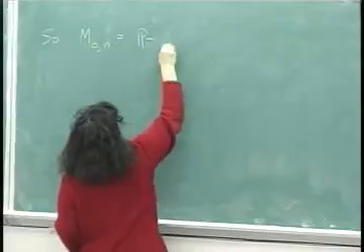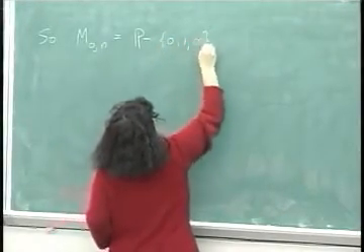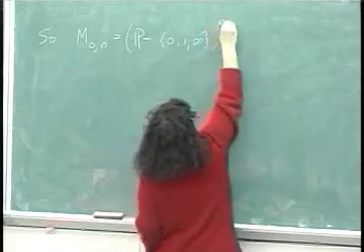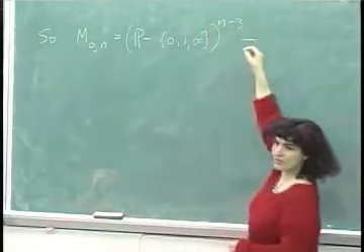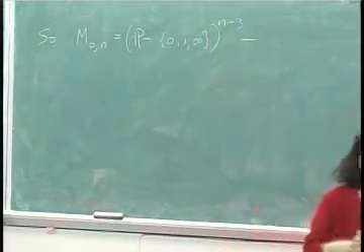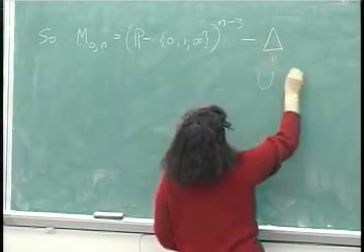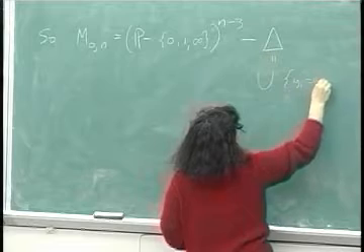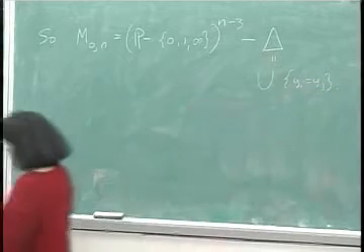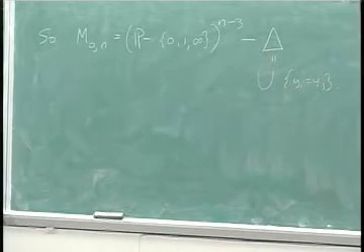Each yi is in here, and I have n minus 3 of them. But I also have to take off what's called the fat diagonal, which is the bunch of lines where the points meet each other. So it's the union of the yi equals yj's. And that's it. That's the moduli space in genus 0.